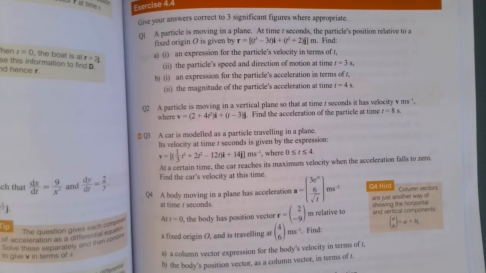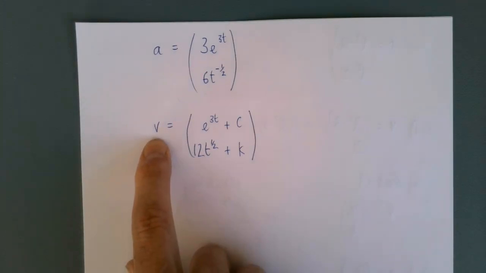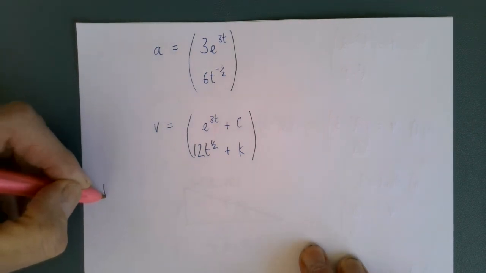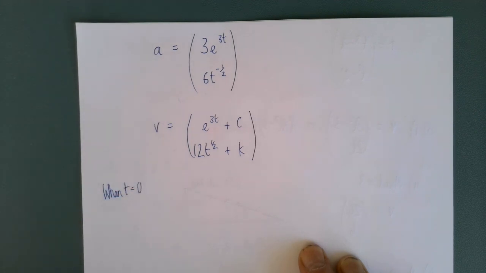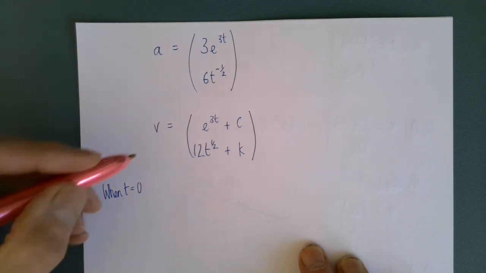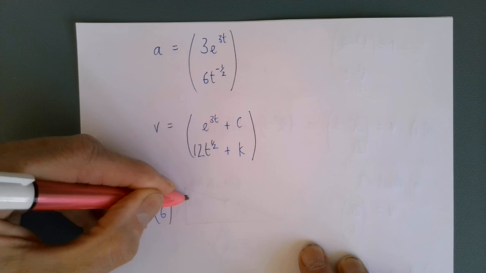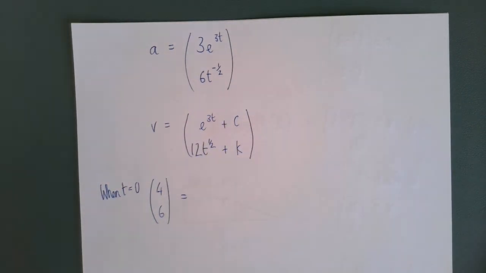So I'm going to substitute in, so what I've got now is a velocity equation. So I'm going to substitute in t is 0 into this. And I know that at t is 0, the velocity will be 4/6, so this will be 4/6. So go on, substitute in t is 0 into this and see if you can tell me what the value of the two constants are.